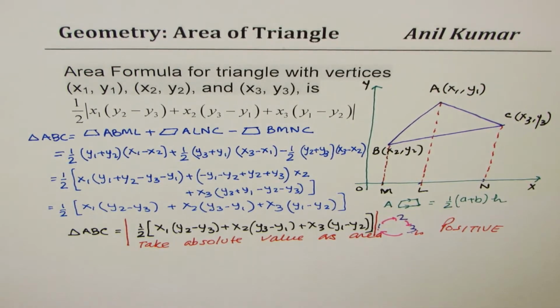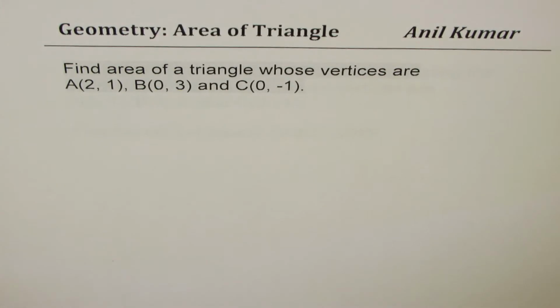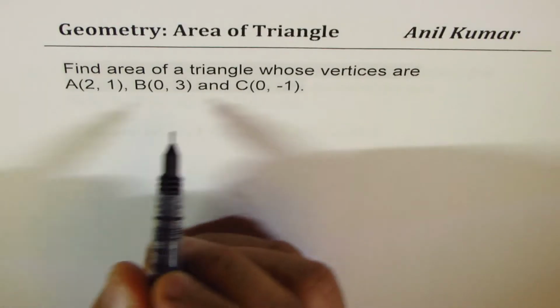Perfect. So we have a formula, and we also now know how to remember this particular formula. I hope the derivation was very simple and clear. Now let's move on. Apply the formula and get the result, right? So I think I copied this once again. So let's take up the next page where we have the vertices given to us, and we'll just calculate the area, right? So the vertices are given to us.